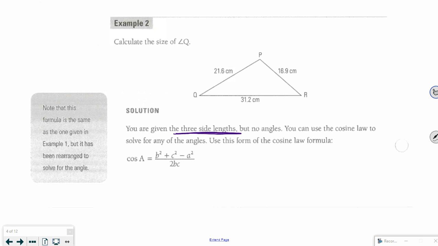The important thing to remember is the order that you put the sides in actually matters for this one, or for A at least. A has to be the side across from the angle you're solving for.